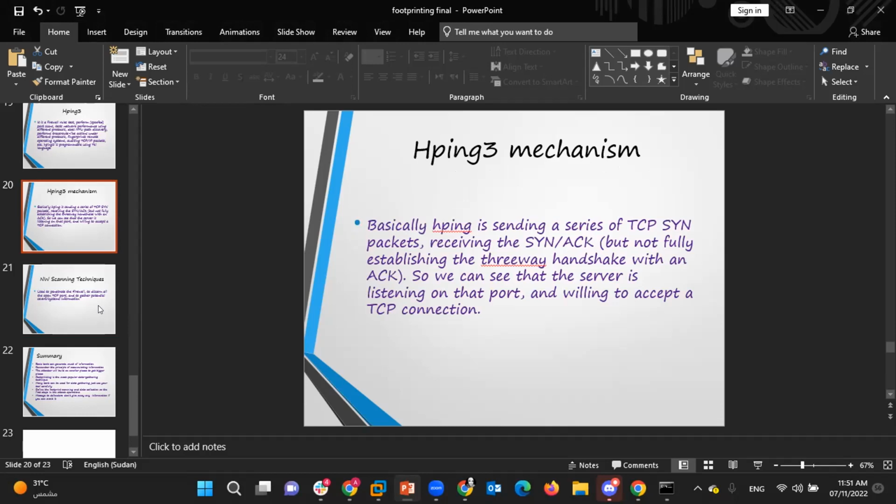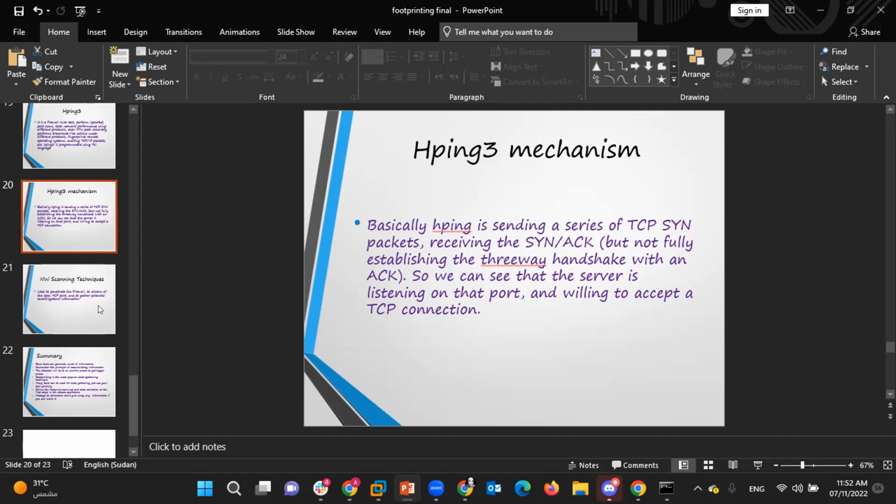HPing, or the attacker, sends the SYN packet to the server, and the server responds with the SYN-ACK packet. The attacker receives this SYN-ACK packet with the listening port, which means the server is willing to accept this connection. The next step, the attacker will establish the connection with this port when he is ready.